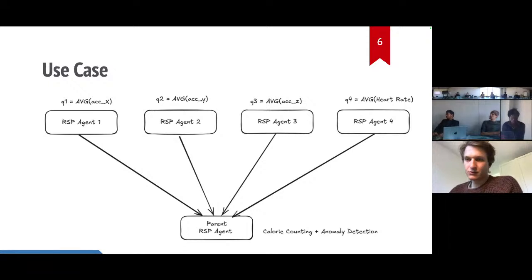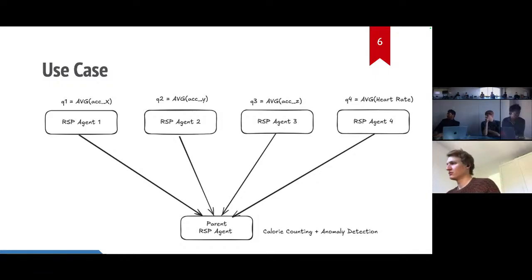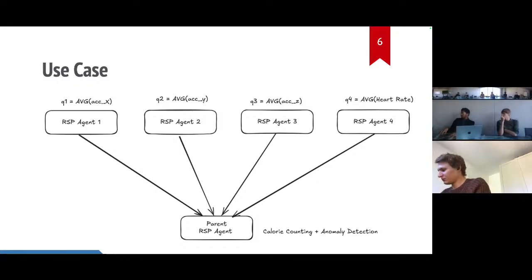So the use case would be to reuse streams in a decentralized or distributed environment. You can already have different RDF stream processing engines that are querying over different data sources. For example, here you can see that there are 4 different RSP agents. One is calculating the average over X, another Y, Z, and another the average heart rate.